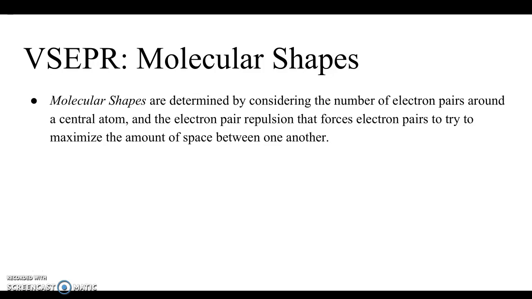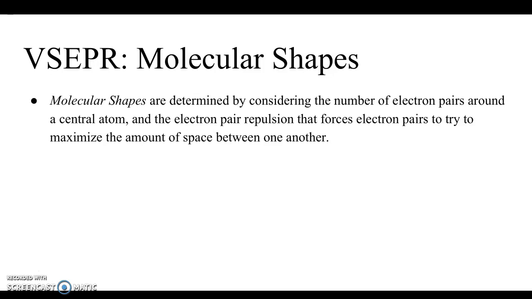So molecular shapes are determined by considering the number of electron pairs around a central atom. When I say electron pairs, I mean both lone pairs of electrons and also bonded electrons. We can also refer to those electron pairs as electron domains. When we have electrons close together, especially when surrounding a single central atom, there's going to be electron repulsion.